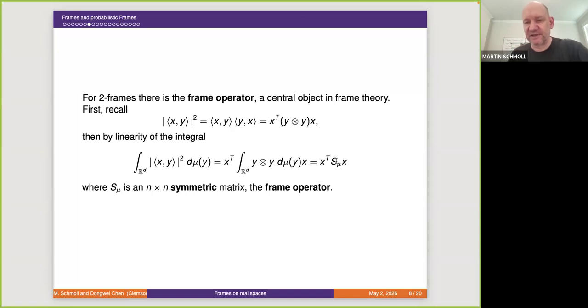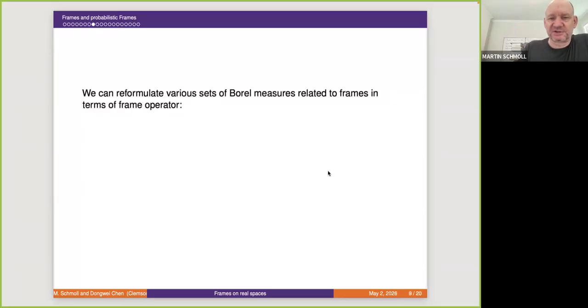Then you integrate it and you get a matrix. That is an n times n matrix, and it's called the frame operator. Most of the people who do frames like to use two frames because you have this convenient frame operator, and that brings a little bit of geometry into this whole picture.